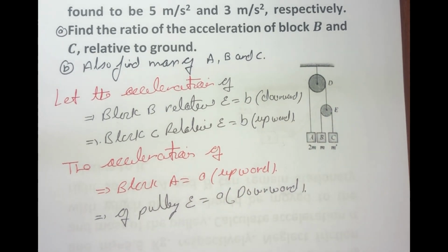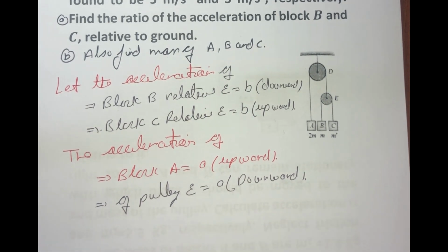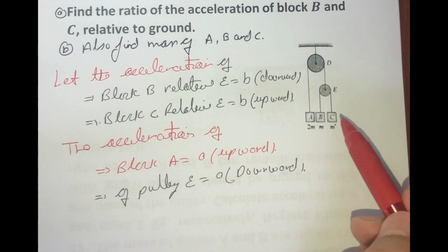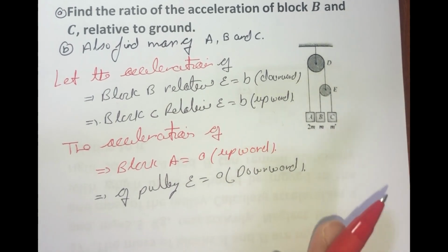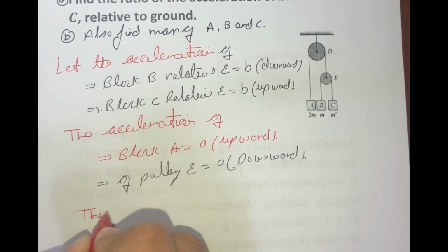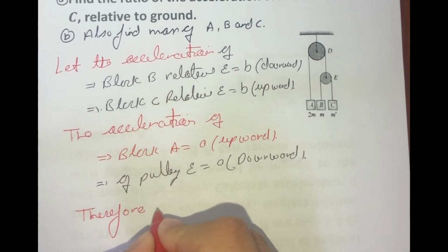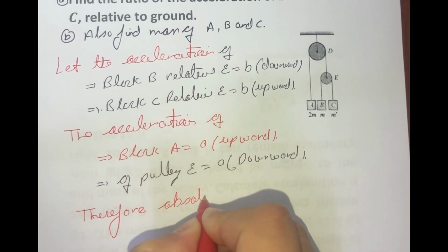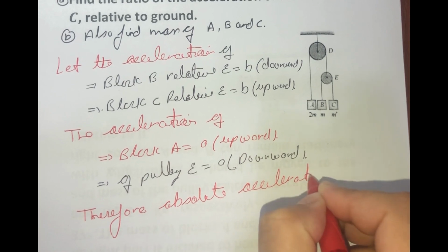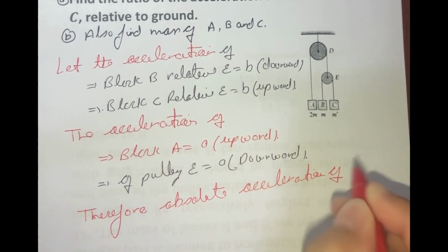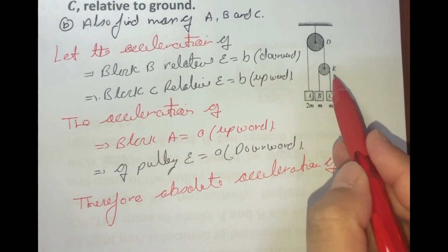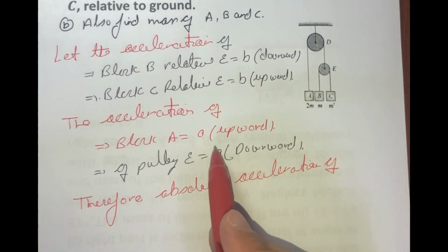Therefore, now we can say the absolute accelerations of B and C. Block B is moving downward with the acceleration b, and pulley E is also moving downward but with the acceleration a.